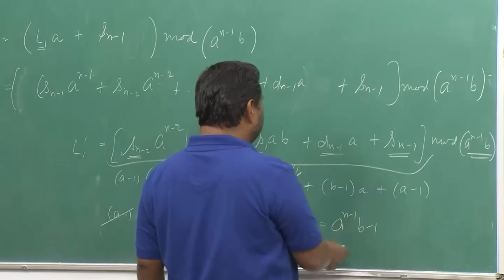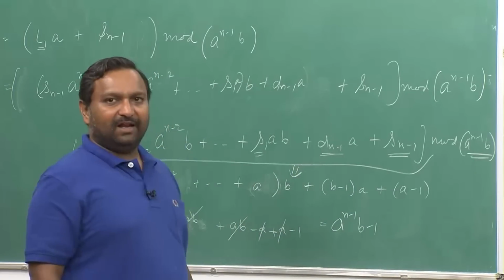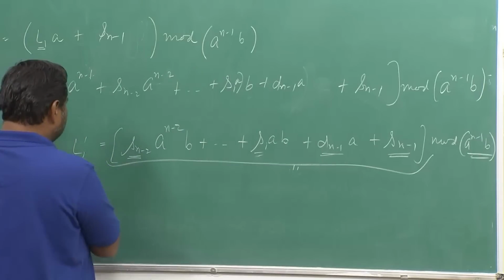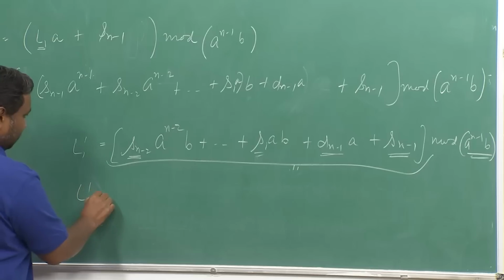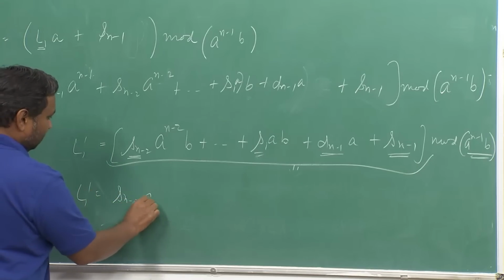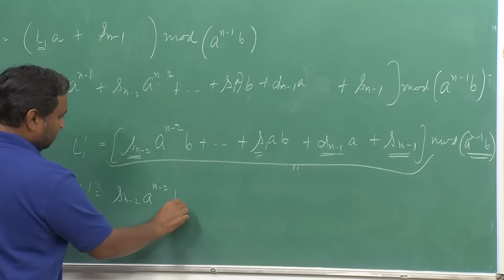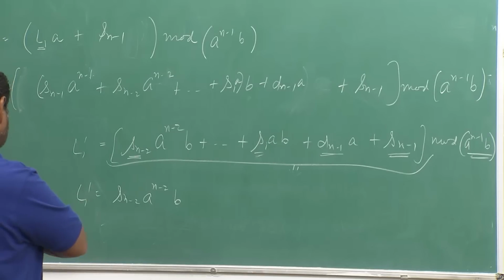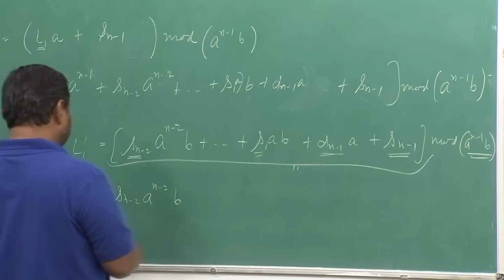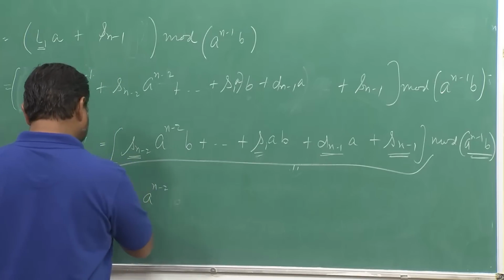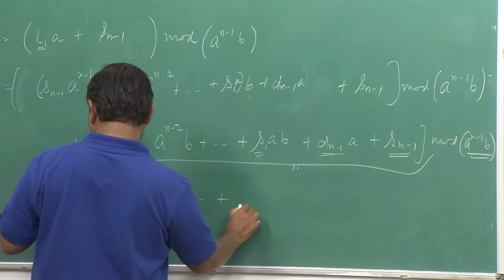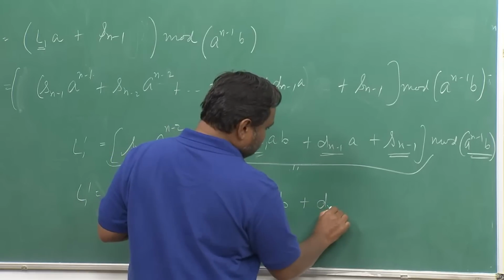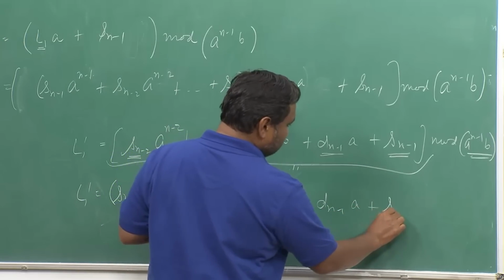So, when I do modulo operation, I should get back the same value, which implies that I have L1 prime will be Sn minus 2 A raised power n minus 2, so b I can keep later on, S1 of A into b, dn minus 1 A plus Sn minus 1.